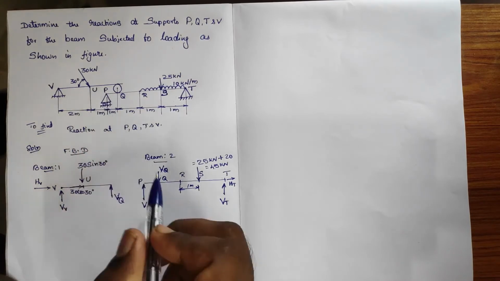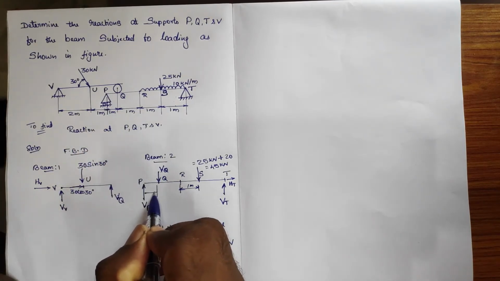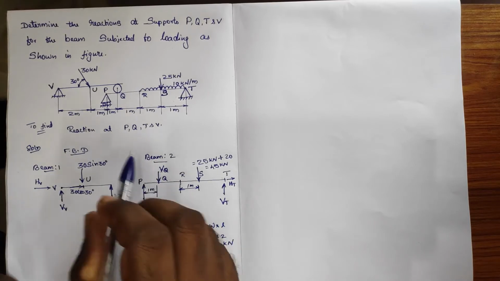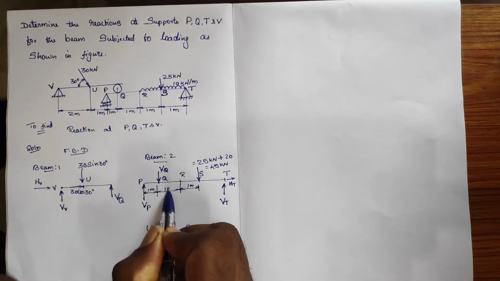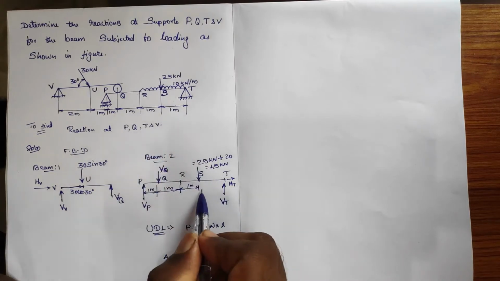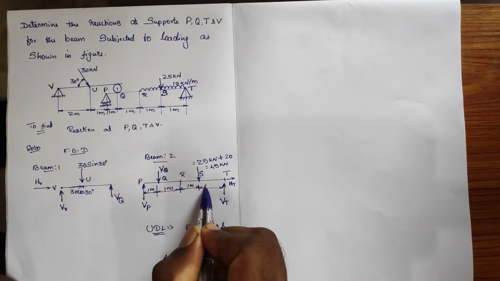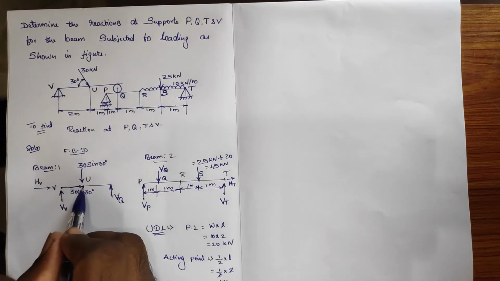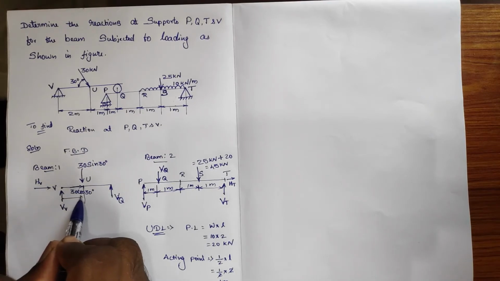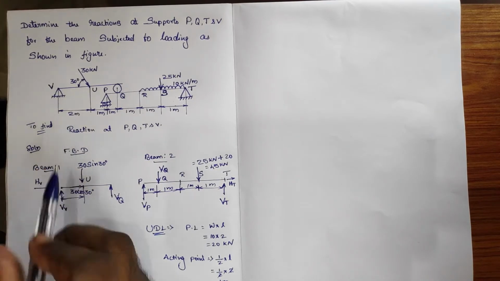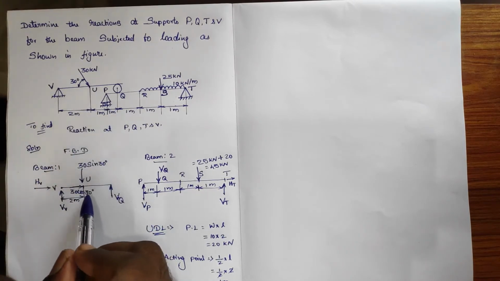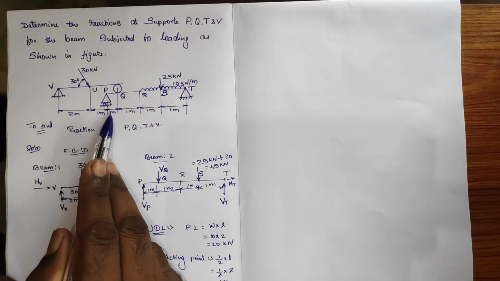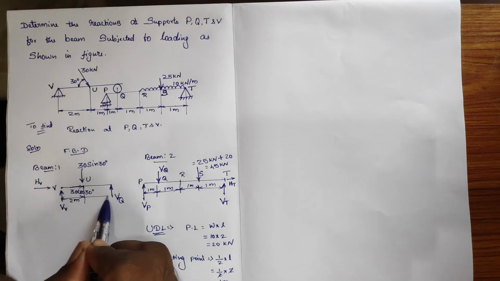P to Q is 1 meter, Q to R is 1 meter, R to T is 1 meter, and B to U is 2 meter, and U to Q is 2 meters.